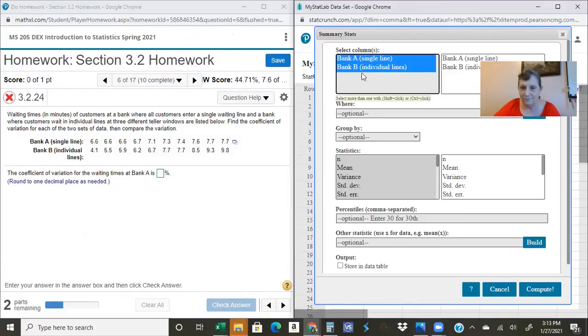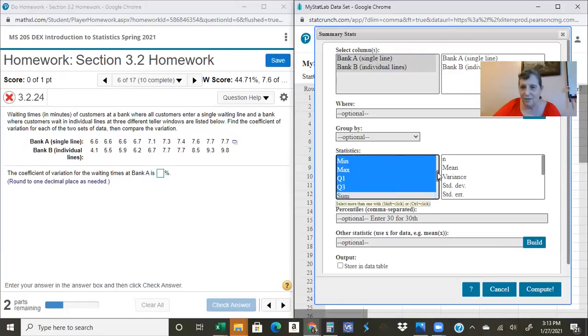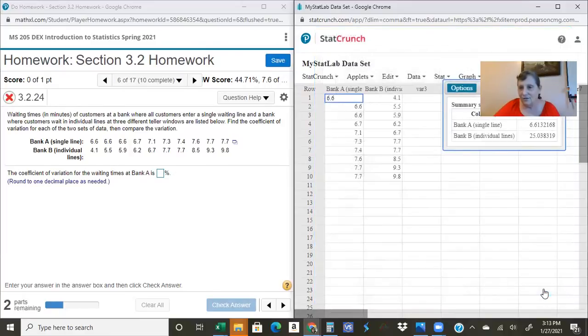Puts them over there. And then I could get the standard deviation and the mean and do it in a calculator. But if you scroll down, notice it actually has an option for the coefficient of variation. So it turns out all we have to do is hit compute.